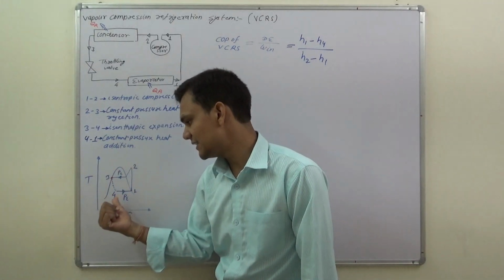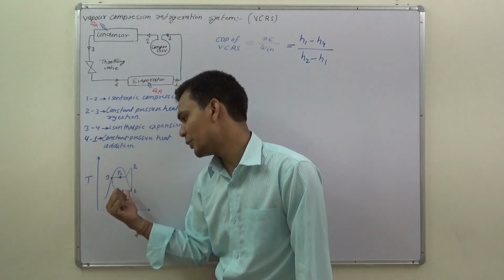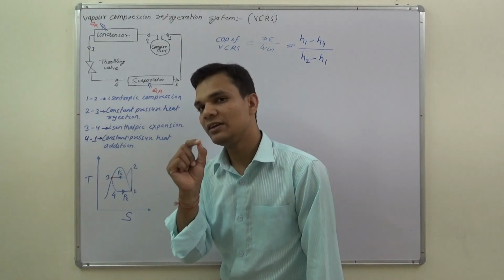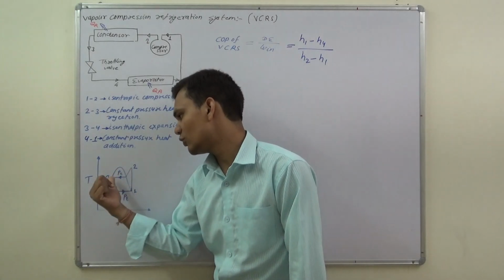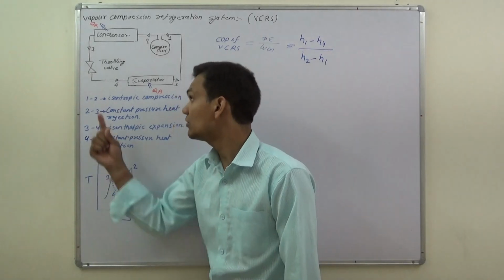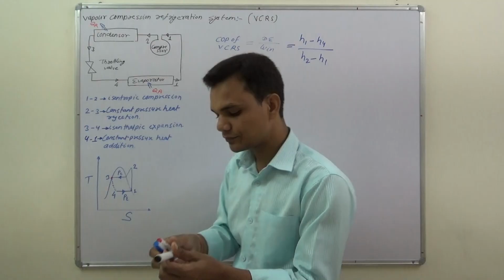At point 1, the entry of the compressor and exit of the evaporator, the working fluid will be saturated vapor, and at point 3, the exit of the condenser and entry of the throttling valve, the working fluid will be saturated liquid.